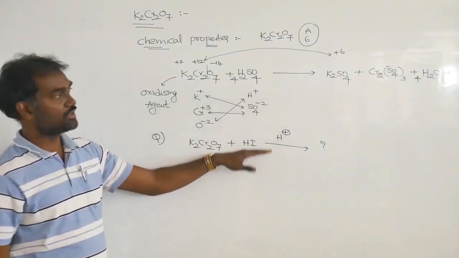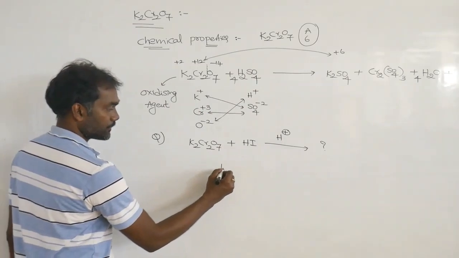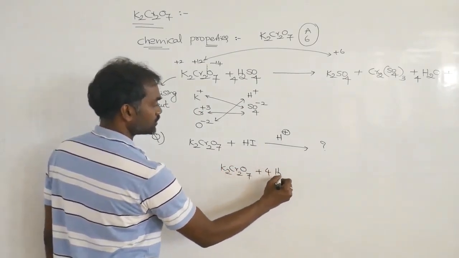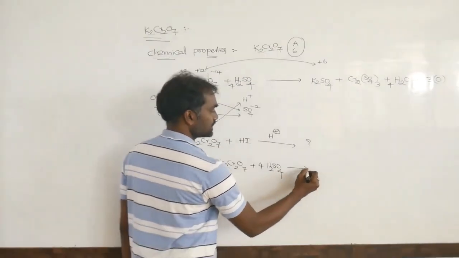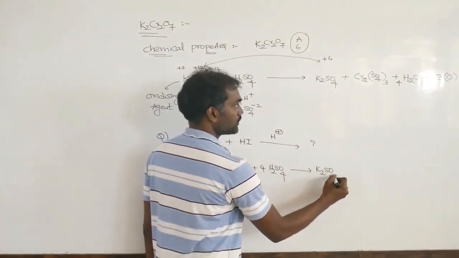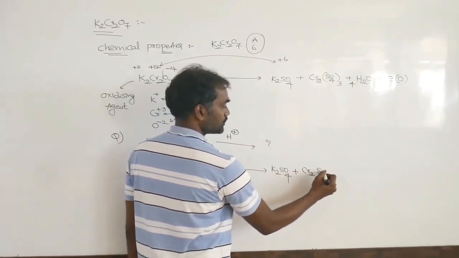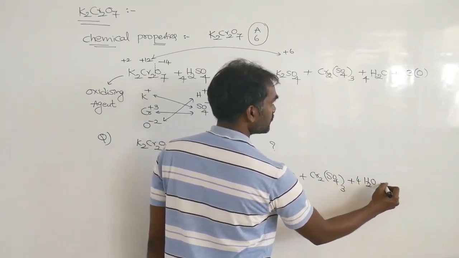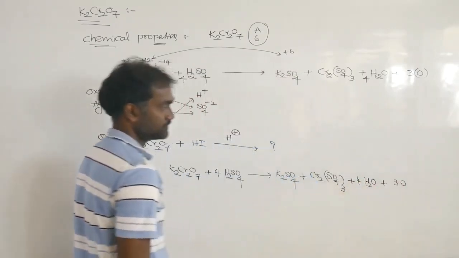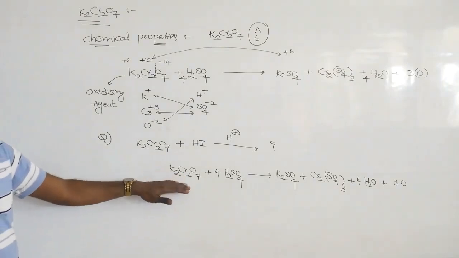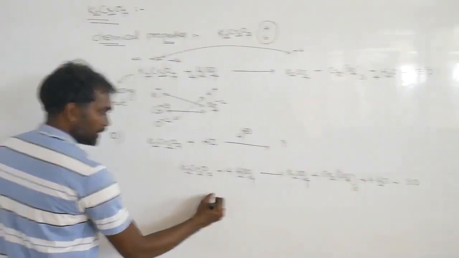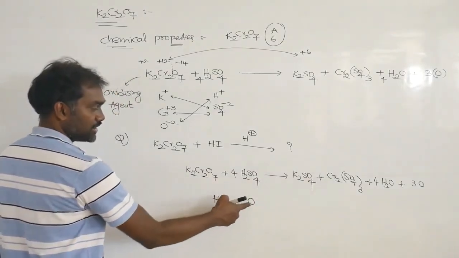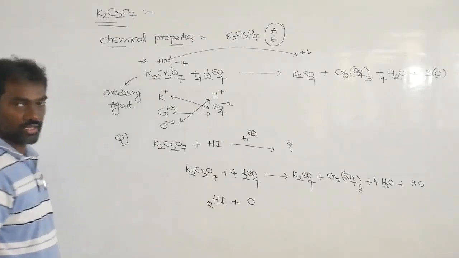For this reaction, first you take the basic equation: K2Cr2O7 plus 4H2SO4 gives rise to K2SO4 plus Cr2(SO4)3 plus 4H2O plus 3 oxygens. This is the basic equation. Now you take HI. The HI takes that nascent oxygen, which means 2 hydrogens are required.